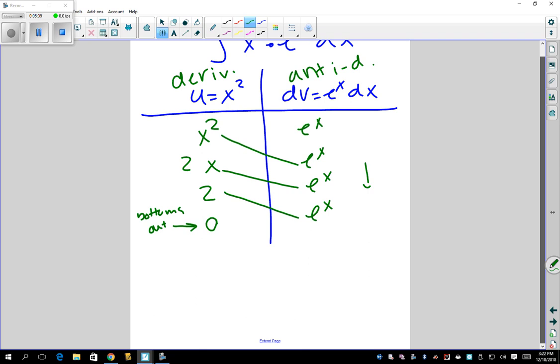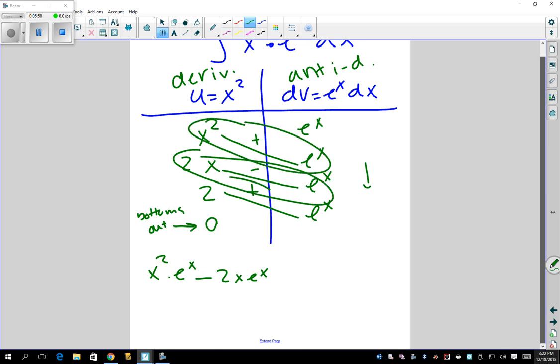And then each line alternates a sign. And so my final integral is equal to x squared times e to the x minus 2x e to the x. So I'm just taking these and multiplying them. And then plus 2 e to the x, and then plus c.